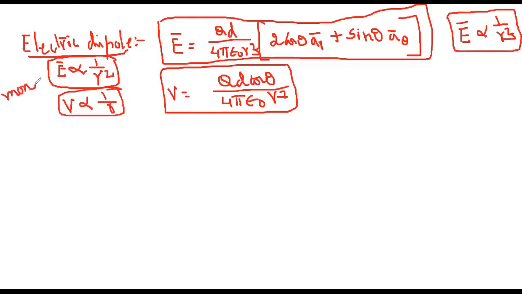These two are for the monopole. For the electric dipole, the potential V is proportional to 1 by R square, my dear students. For the monopole, E is Q by 4 pi epsilon naught R square into AR bar, a proportionality of 1 by R square. And whenever it is a dipole, E bar is equal to QD by 4 pi epsilon naught R cube. Totally, you can consider QD as a constant.